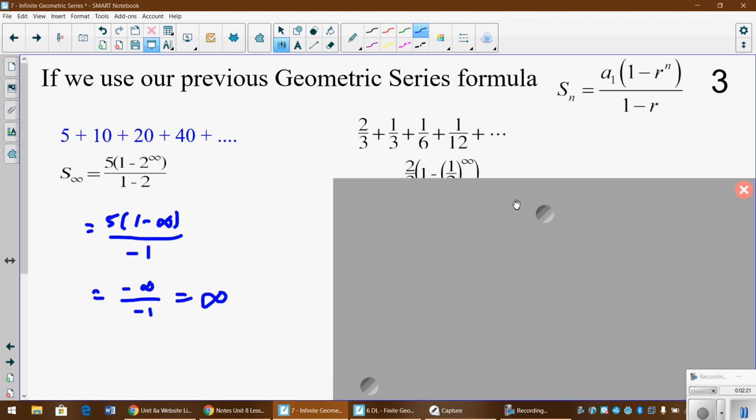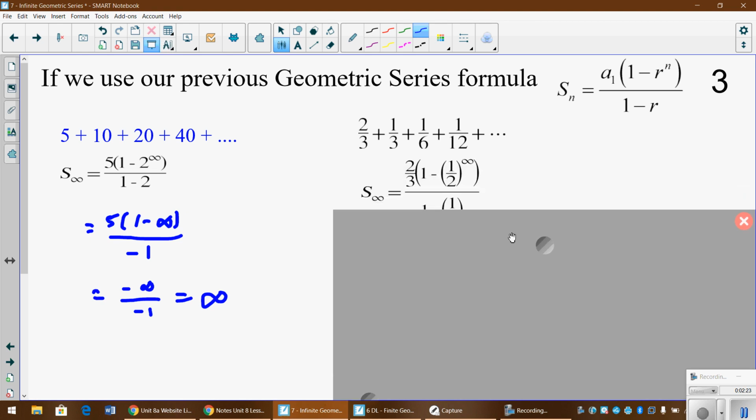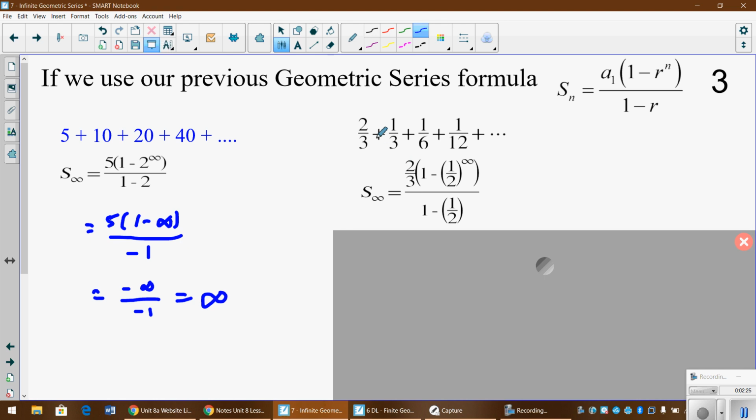If we come down here, plugging in those same values, we see that 2/3 is the first value, positive 1/2 is the ratio. If we do the math on this, 2/3 times (1 minus 1/2 to the infinity), if you plug it in your calculator, you're going to find out it's 0. 1/2 multiplied by itself a bunch of times, you get smaller and smaller, and at infinity it's 0. 1 minus 1/2 is 1/2.